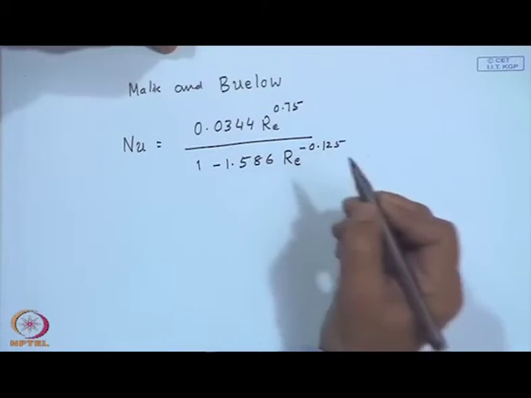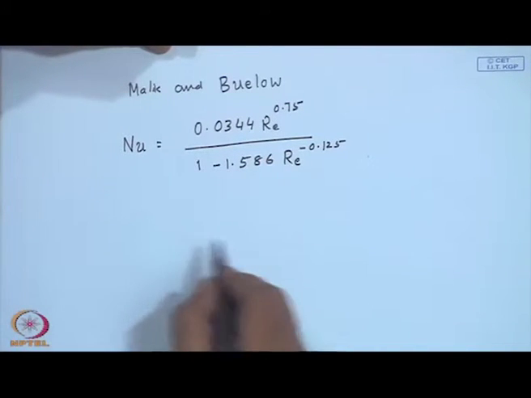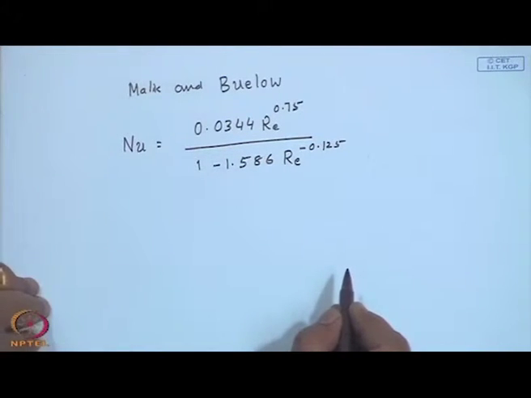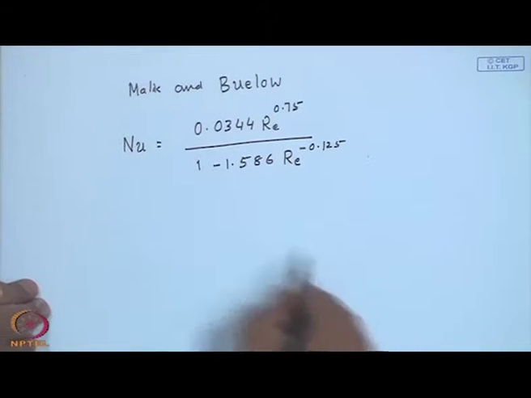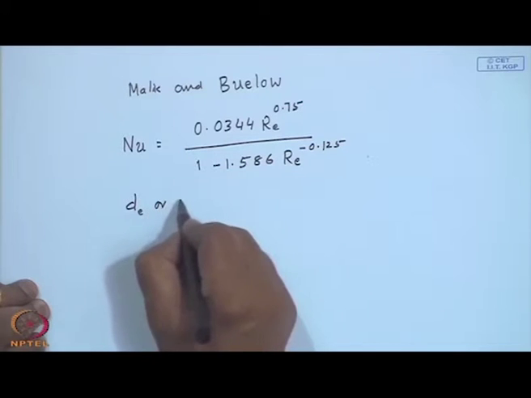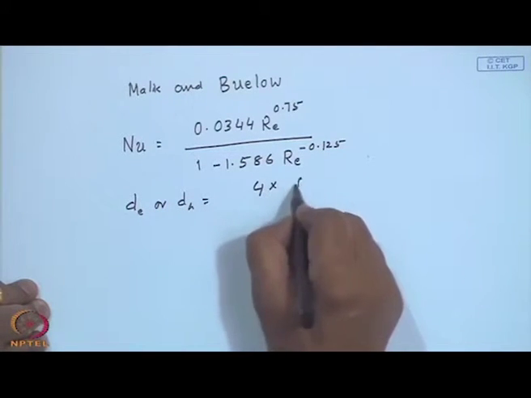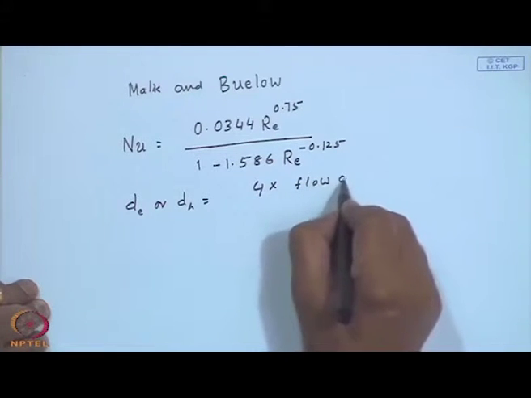Of course, the equivalent diameter or the hydraulic diameter, which we have already defined as d E or d h, is 4 times the flow area by wetted perimeter.